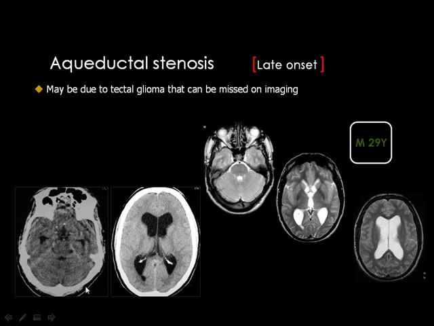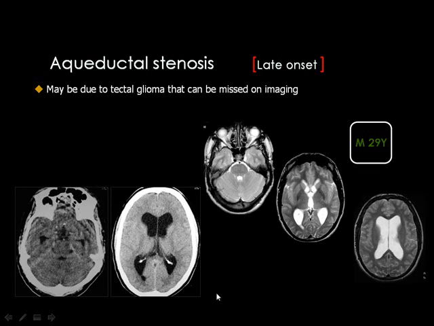You can see changes similar to aqueductal stenosis in children, in the adult population. And if you see these manifestations, it's very important to do an MRI for this patient, looking for a very small tectal plate glioma, or glioma of the tectal plate of the midbrain.